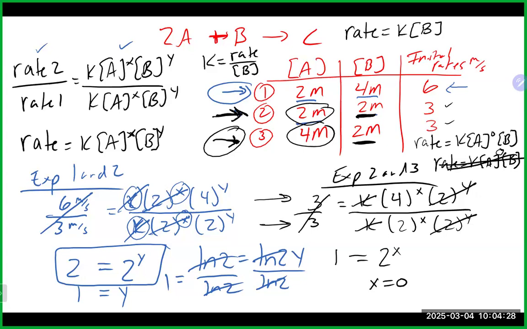I get those numbers also from the table. So it does not matter which one you choose. You could choose experiment 1, experiment 2, or experiment 3. They all should yield you the same rate constant. Again, you can't mix and match, so you've got to choose everything from one experiment, or two, or three, and put it in there. Any questions on that there?